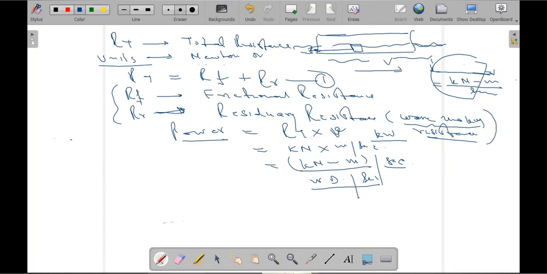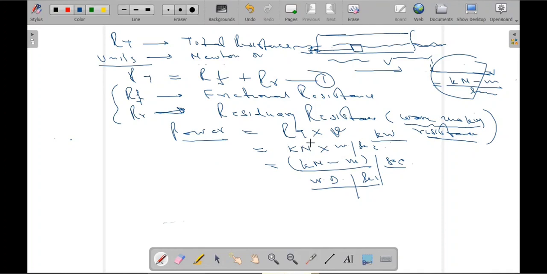And if I know the total resistance of the vessel, then I can calculate what is the power developed by the vessel's engines. They are developing so much power, RT into v. And v here, as I said, will be small v. We will be using it simply to represent speed, although V is also speed, but not in terms of knots, because I have to have all SI units when I calculate power.